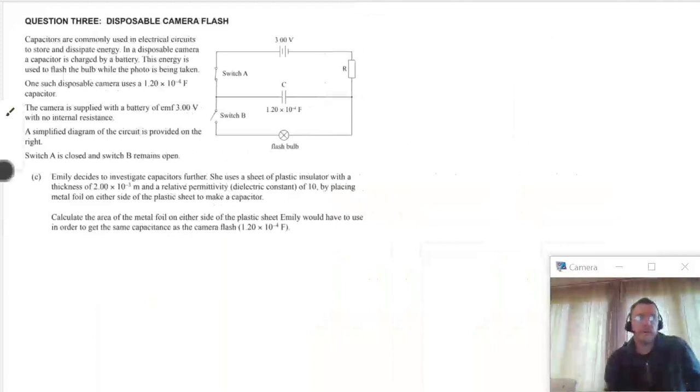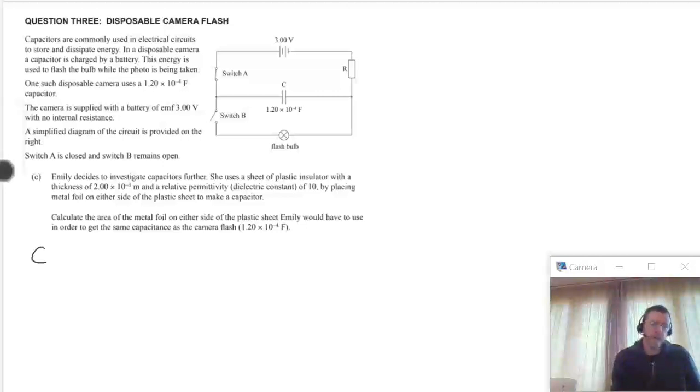Alright, so now Emily decides to think about making a capacitor to be this 1.2 times 10 to the minus 4 farad capacitor. So that's a 120 microfarad capacitor. Now this uses a formula from your formula sheet, about the fundamental characteristics of a capacitor.